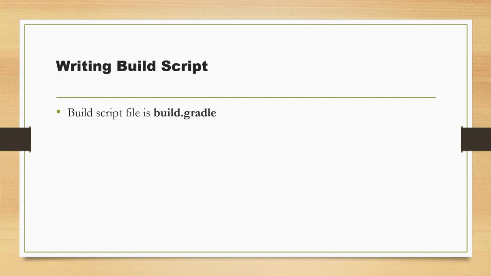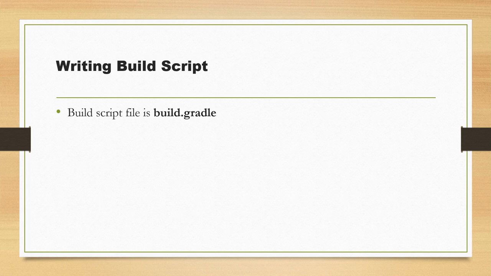Now, how can we write the build script? When you initialize a Gradle project, there is already a task called init. You just need to go to the command prompt and issue the command gradle init, and that will create a file called build.gradle.